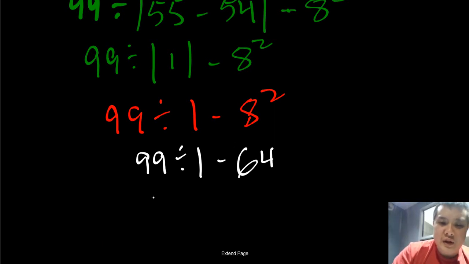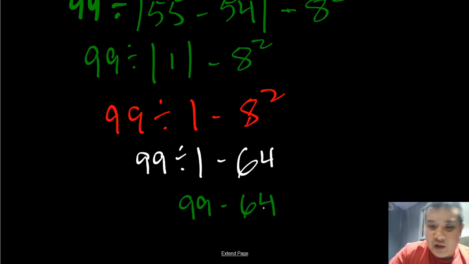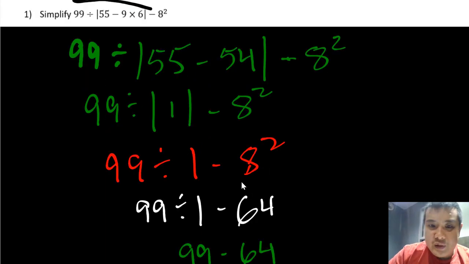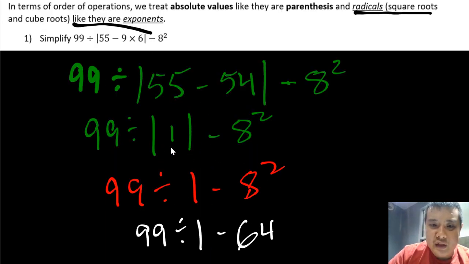Then we have 99 divided by 1, so 99 minus 64, which gets us our final answer of 35. Okay? So again, we can't take the absolute value of anything unless we have just one number in the absolute value.